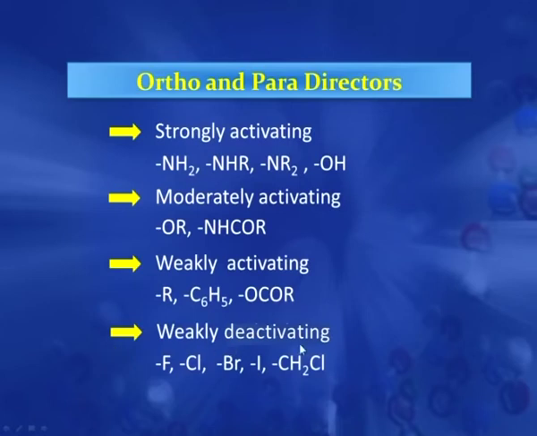Then we have weakly deactivating groups, in which we have the halogens and the CH2Cl group also. But all these groups, even though they are deactivating, are ortho and para directors due to their electron donating mesomeric effect.